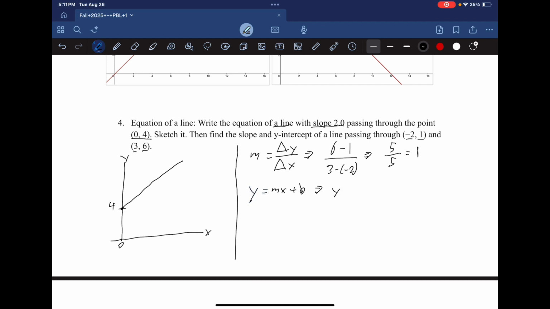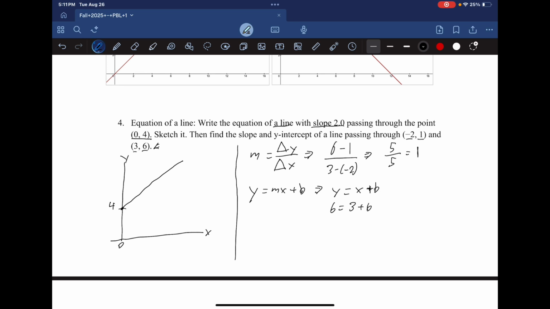So I'm going to change this to be y equals just x plus b. This way we can find b, which is the y-intercept. We can pick one of our points and plug it in, and that'll give us b. I'm just going to pick this second point, 3, 6. So that gives us 6 equals 3 plus b.